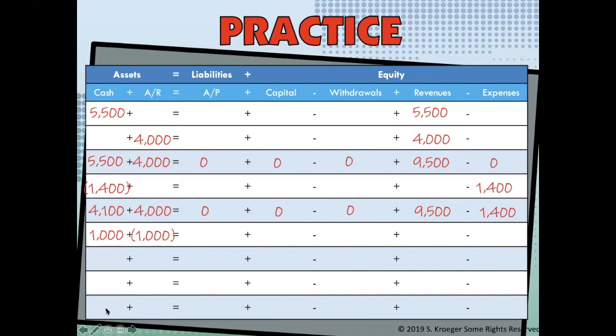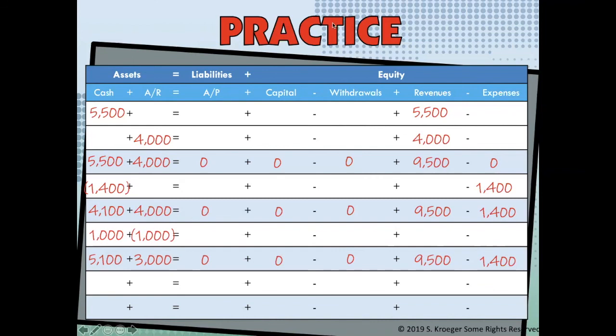Let's total everything up. 4,100 plus 1,000 is 5,100. 4,000 minus 1,000 is 3,000. And this makes sense because our accounts receivable, we are owed $3,000 now. They paid off 1,000. The rest are zeros for now. And then revenue, we'll just bring that down. Same thing with expenses, just bring it down.